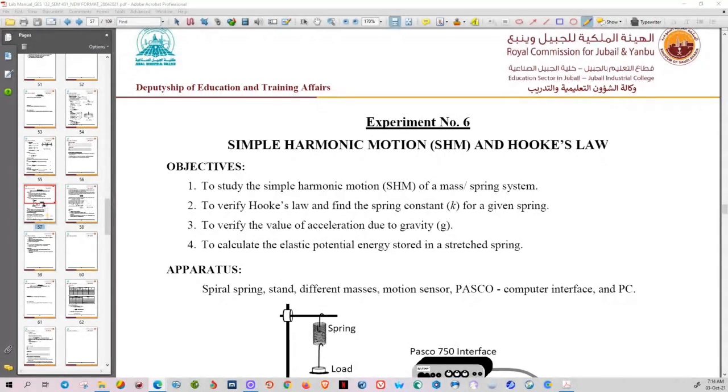So we are going to study simple harmonic motion using simulation, and also we are going to study Hooke's law. These are two different, but actually interrelated physics concepts. There are different subchapters in physics because simple harmonic motion happens not only with a spring, it also happens with different equipment.